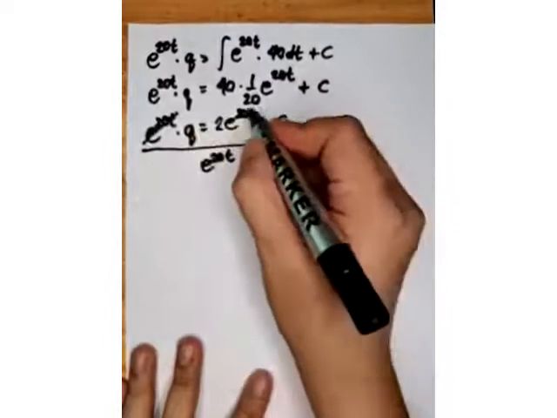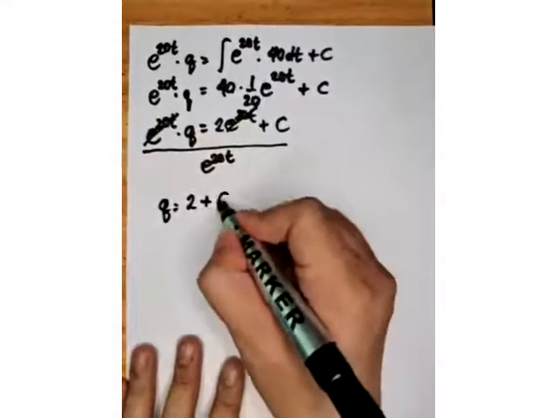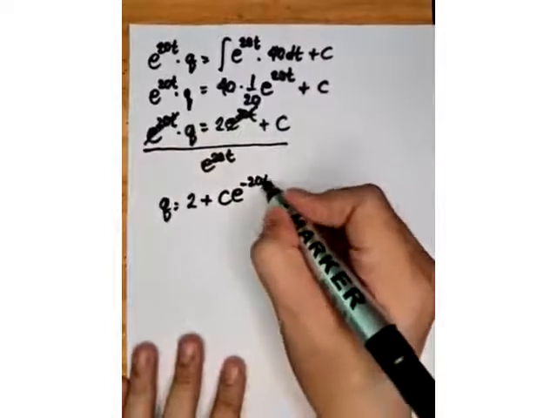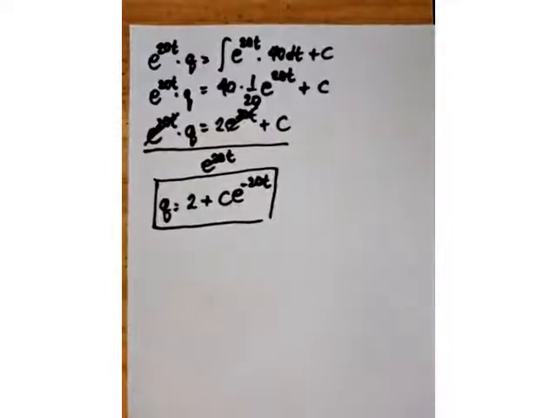So cancel and then cancel. So q then will be equal to 2 plus Ce raised to negative 20t. So this is our general equation. Okay? Kaya lang, we need to find the particular solution.